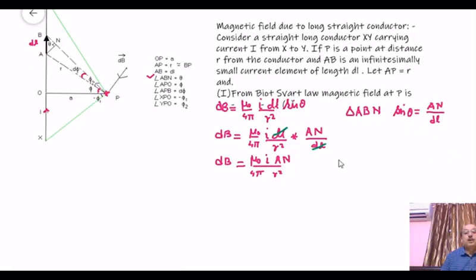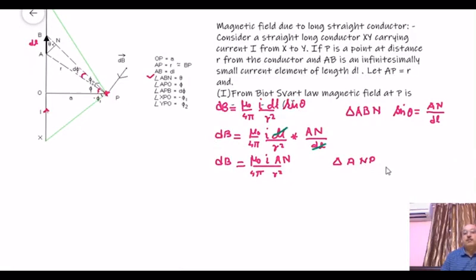So from triangle A and P, this is the perpendicular and AP is the hypotenuse.